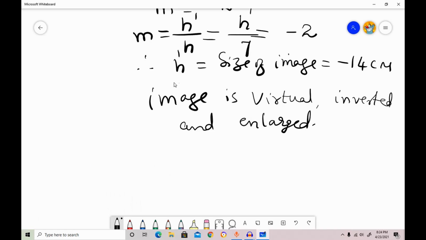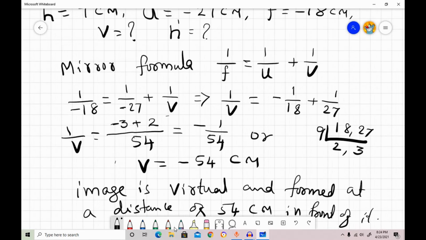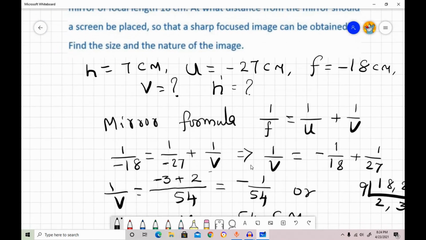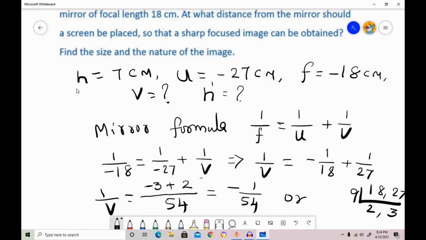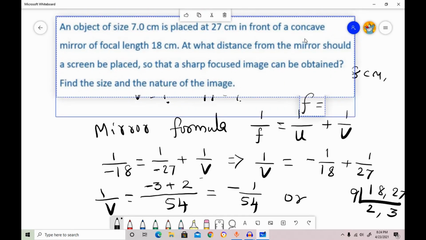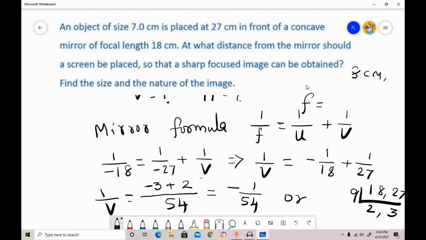Just to look at once again, I will show that one. So first read the problem carefully, then analyze it, then write the data given. Object size is given, h is 7 centimeter, and object distance is given as minus 27 because it is in front of the mirror, and f is minus 18 because of the concave mirror.